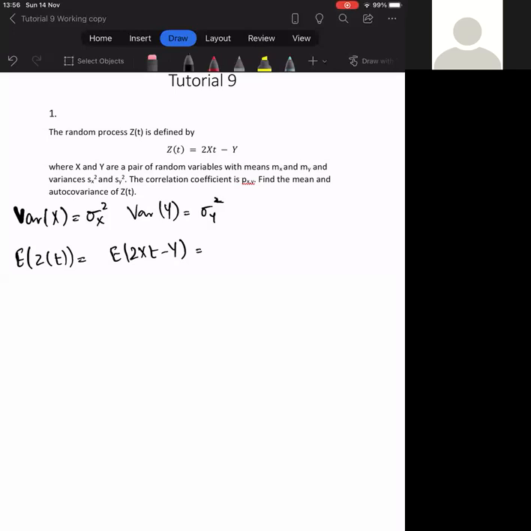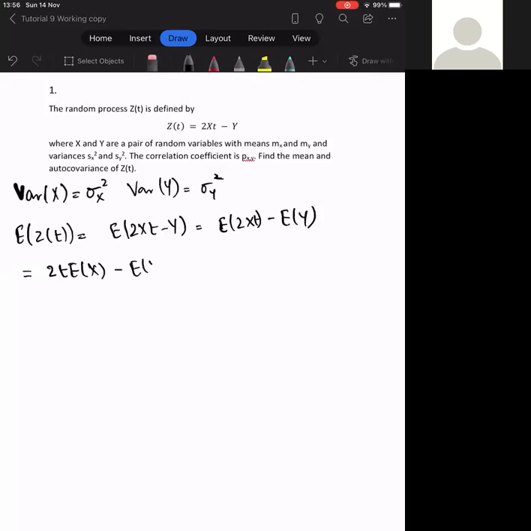So we can write this as E of 2Xt minus E of Y. Note that there's nothing random in 2, and there's also nothing random in t. That's just time, or whatever index we're using. So this will just be 2t E of X minus E of Y. E of X is mx and E of Y is my. So we get 2t mx minus my.